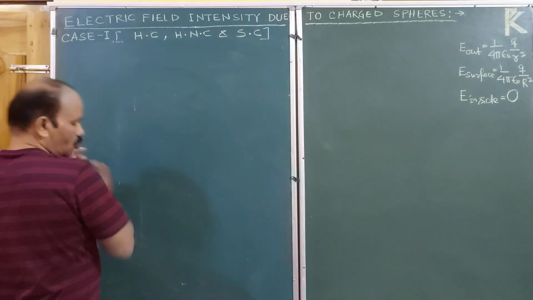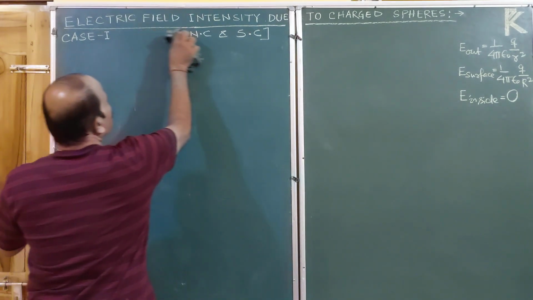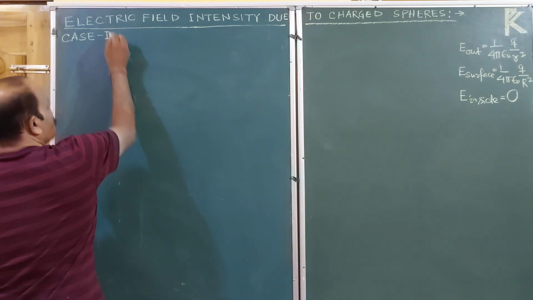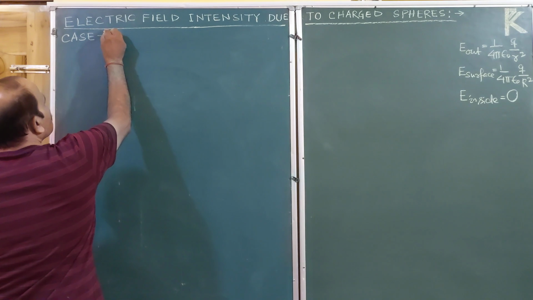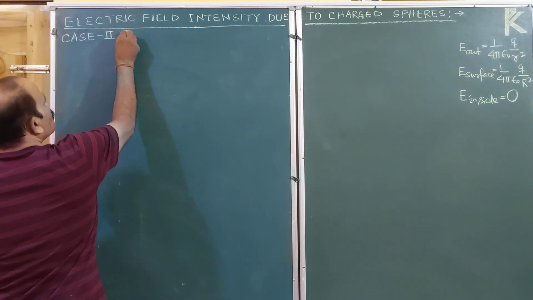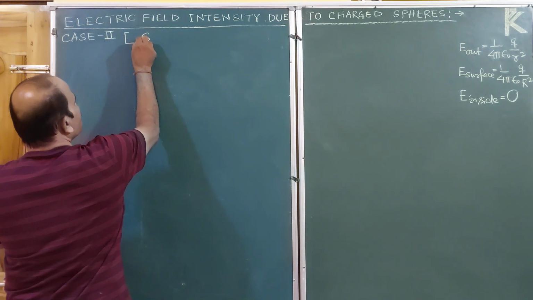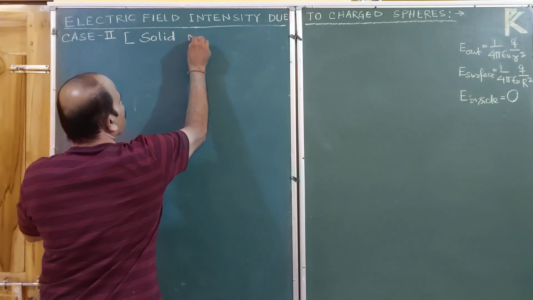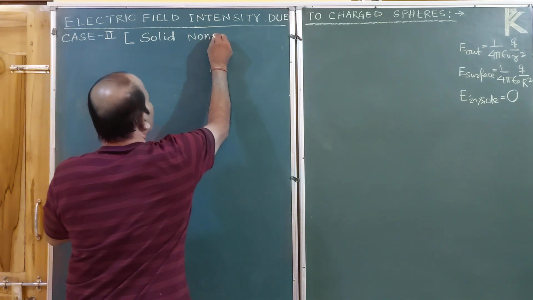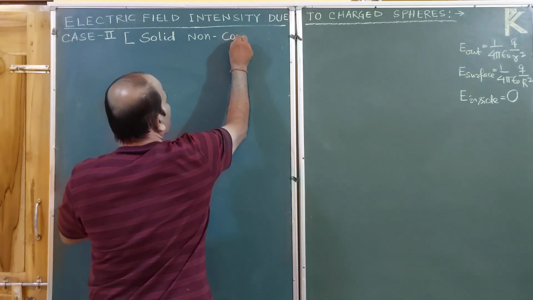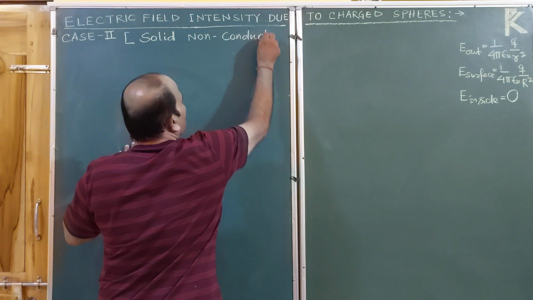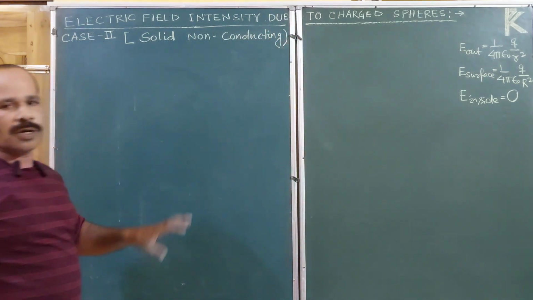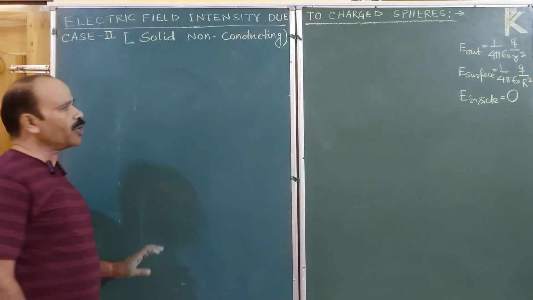In case 2, we take the solid sphere. So this is case 2, my solid non-conducting sphere, a solid non-conducting charged sphere.